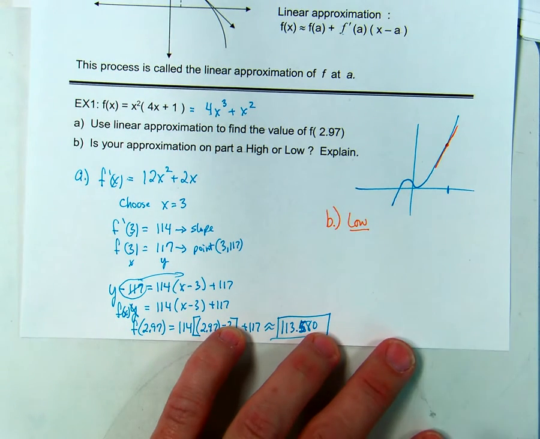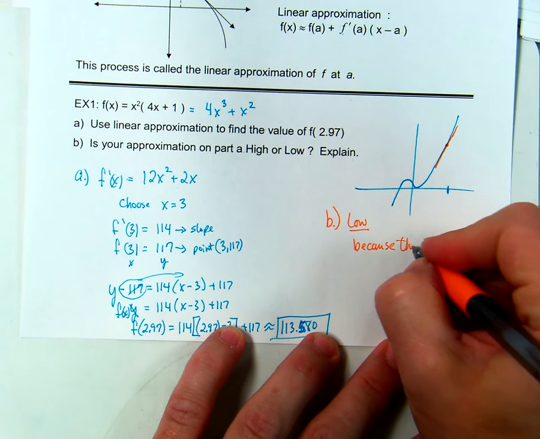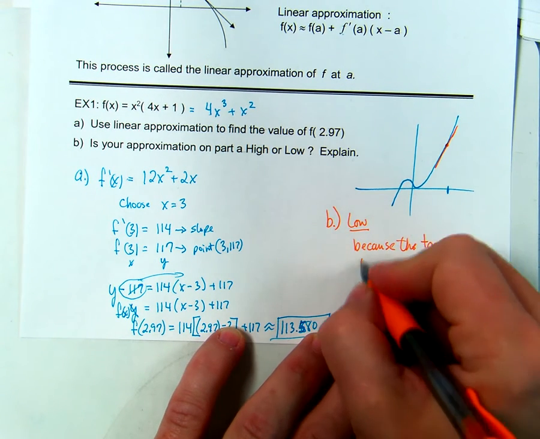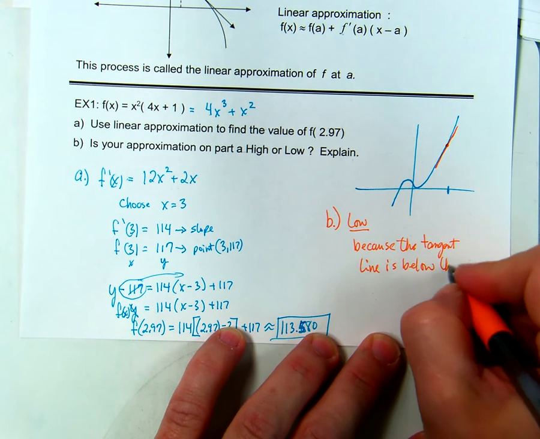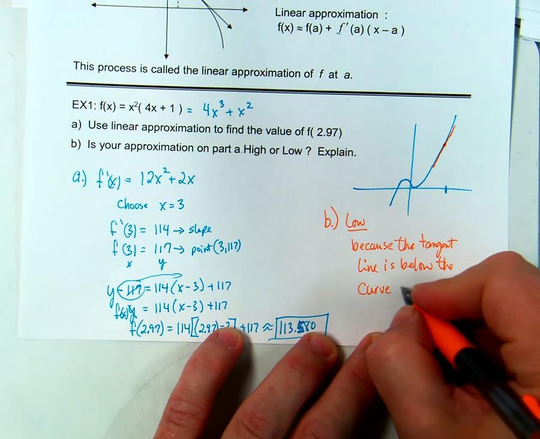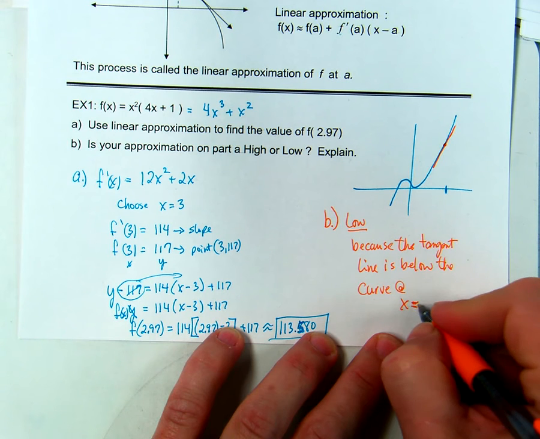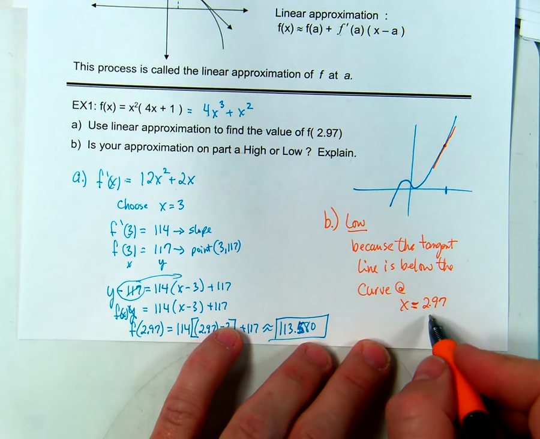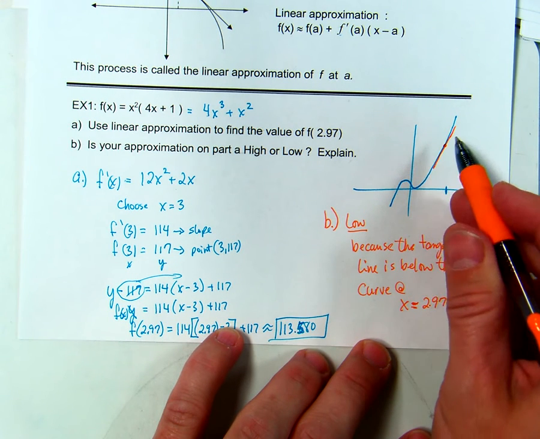It'll be low because the tangent line is below the curve at x equals 2.97. So at that value, x equals 2.97, we know the tangent line's below the curve.